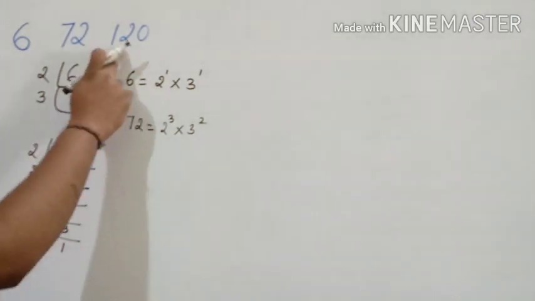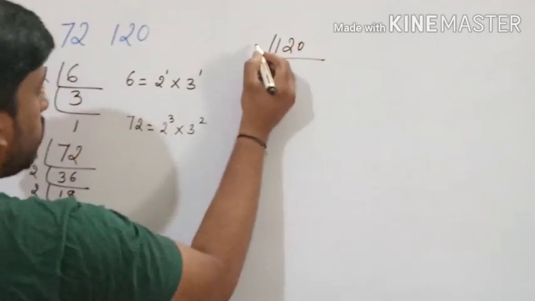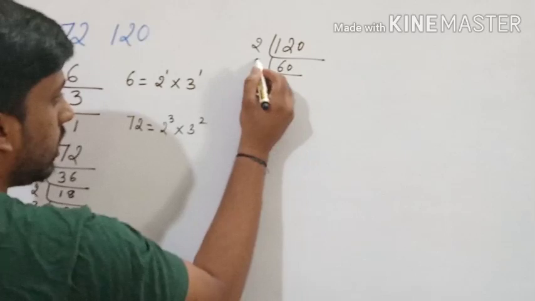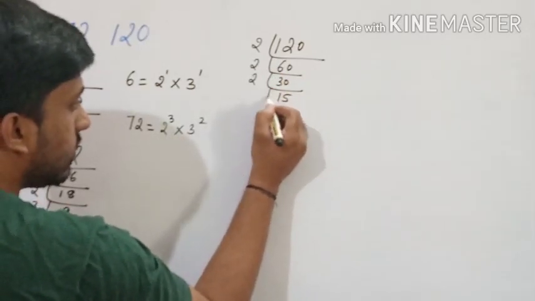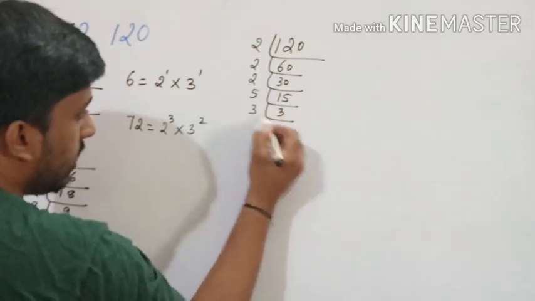And again coming to this one, 120, I am going to divide this. So 2 60s are 120, 2 30s are 60, 2 15s are 30, and 5 3s are 15, and 3 1s are 3.